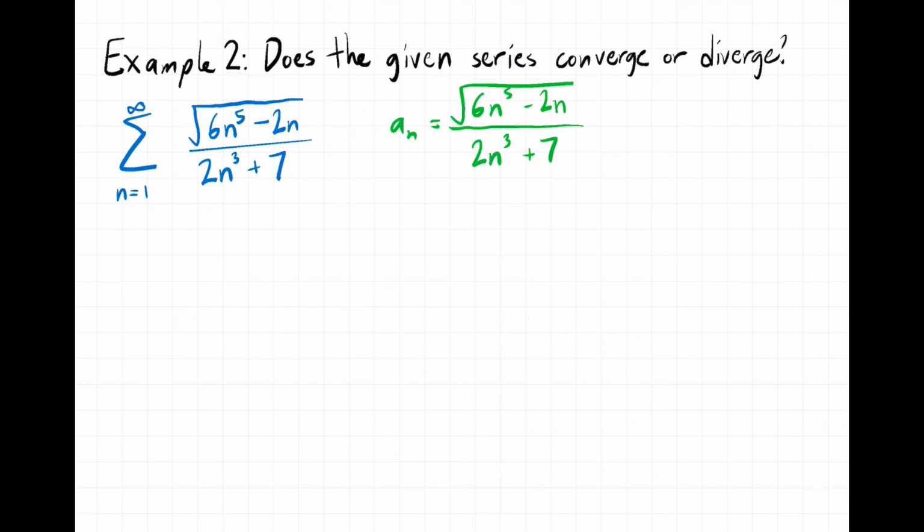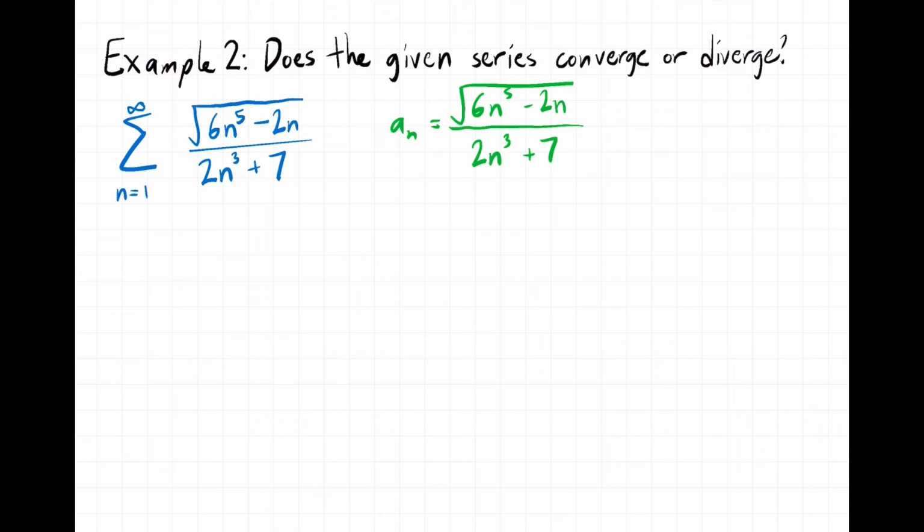It is built out of powers of n and constant multiples and sums and differences and products and quotients and roots. So if your function is built entirely out of constants, powers of n, addition, subtraction, multiplication, division, and roots, and nothing else, and you don't have any variables in the exponent, or any trig functions, or any logs, or any of those things, then you've got an algebraic function.